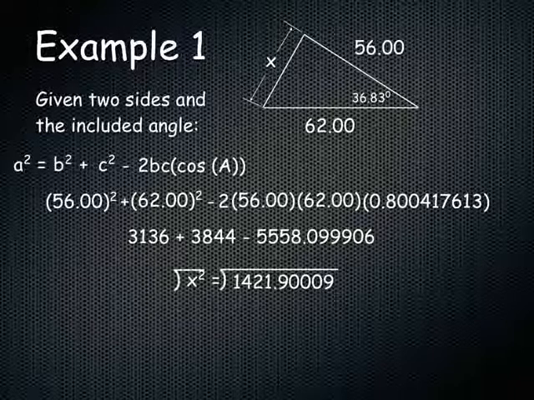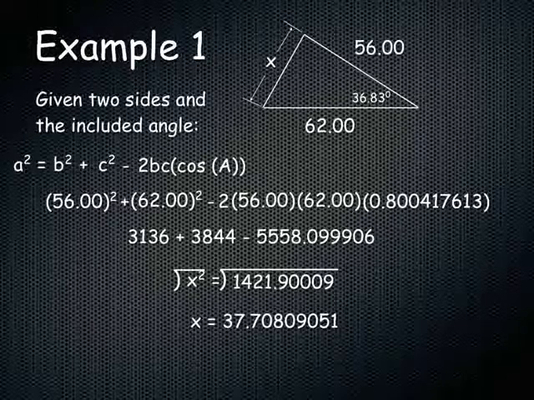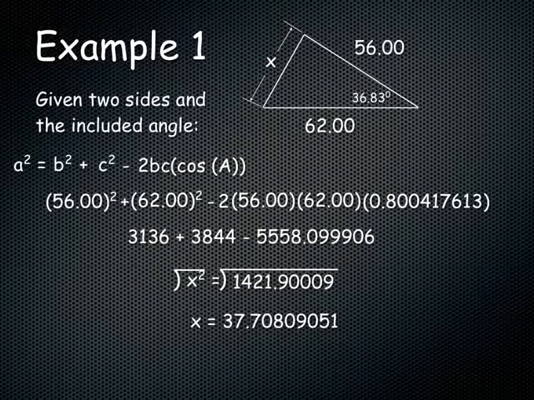Taking the square root of both numbers, we find that x is 37.70809051, and rounding to 3 digits, we find that x is equal to 37.708.